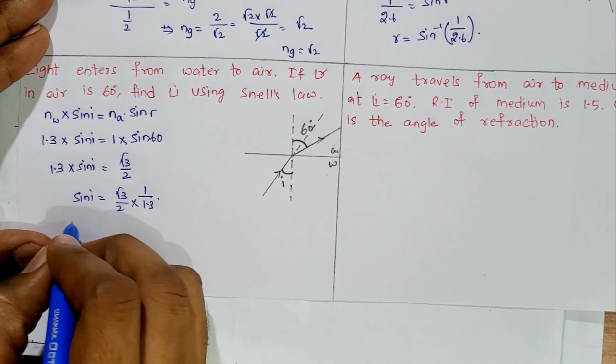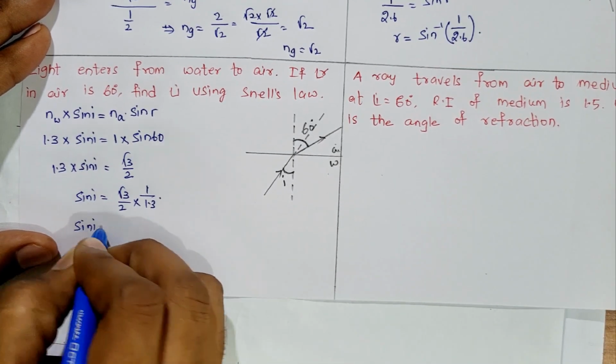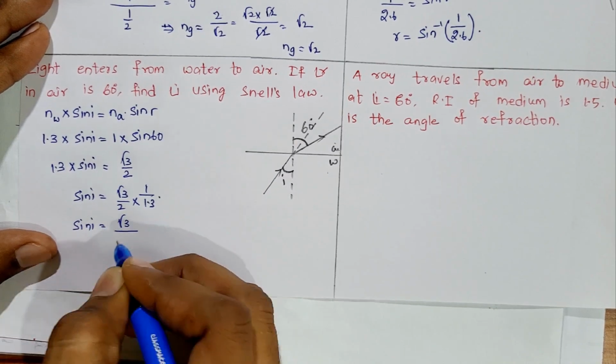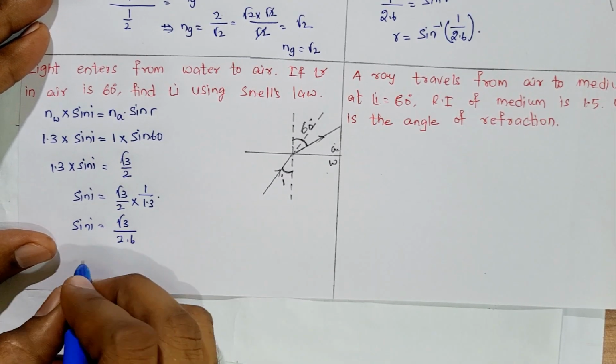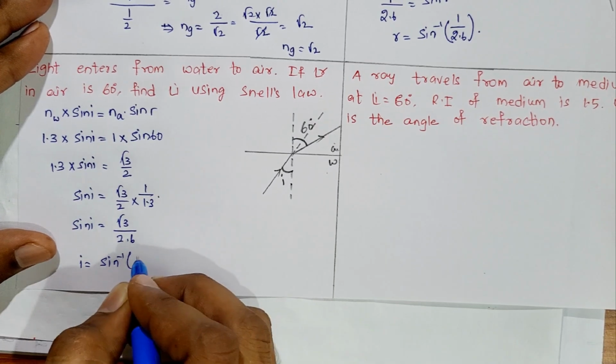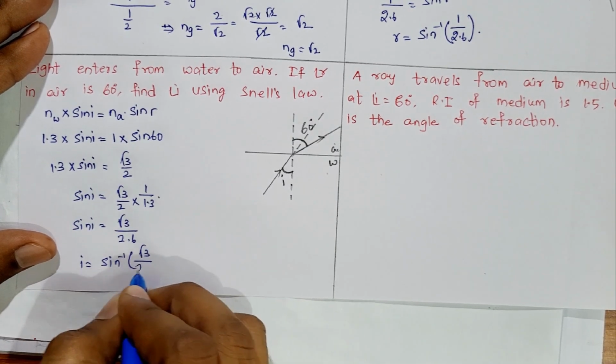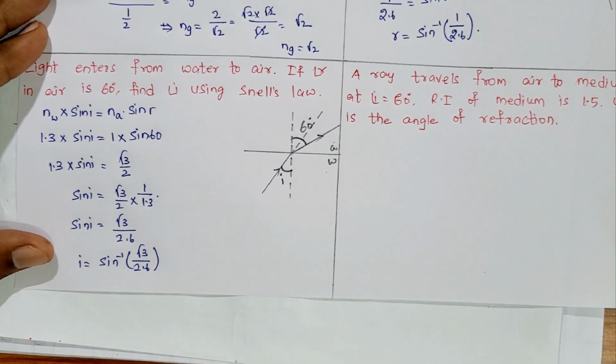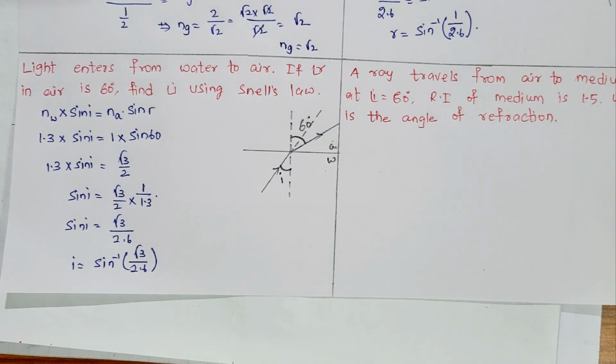So sine I is equal to root 3 divided by 2.6. So I is equal to sine inverse of root 3 divided by 2.6. This one will be the answer.